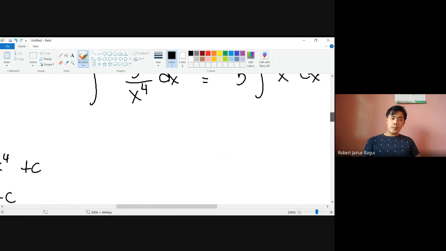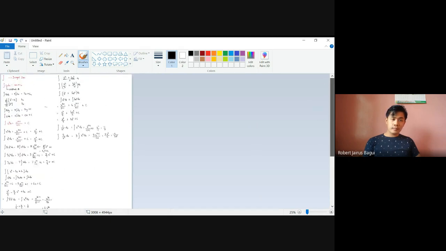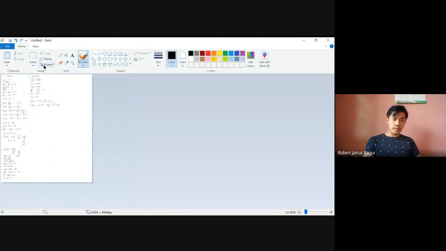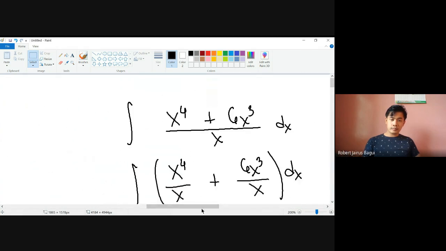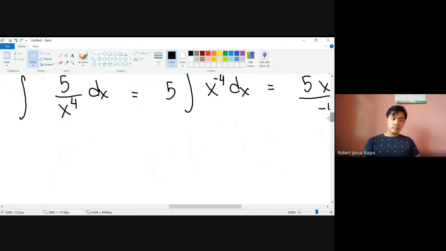And paano naman pag adjust ko lang yung size. So what if ang napabigay naman ay 1 over x?